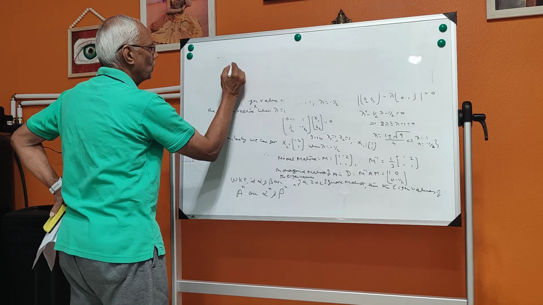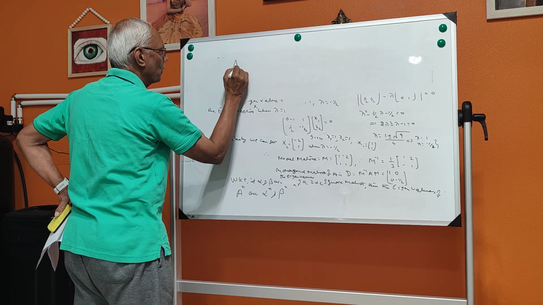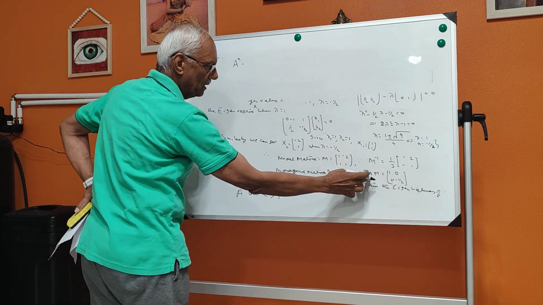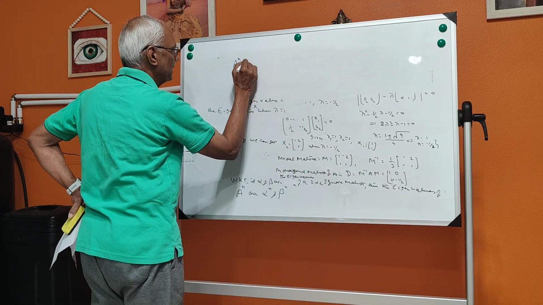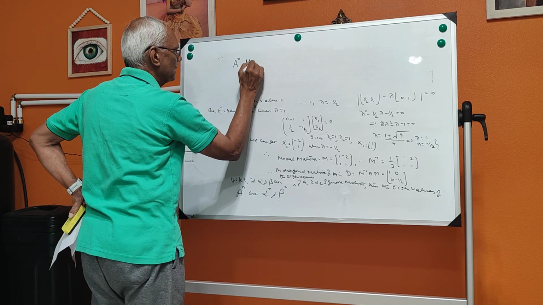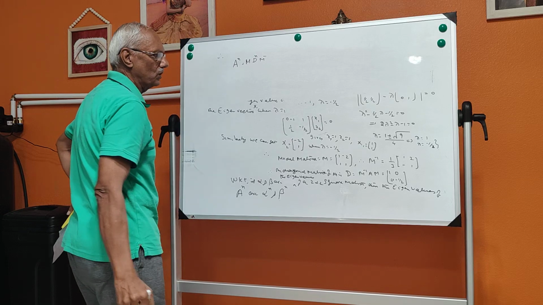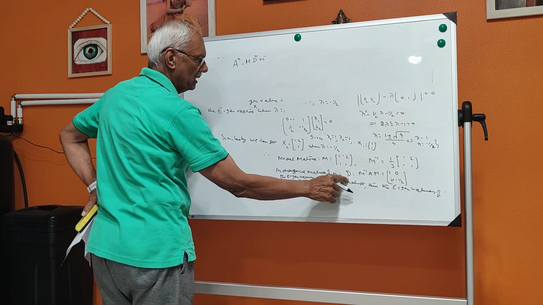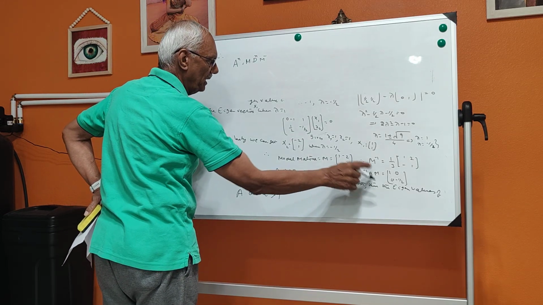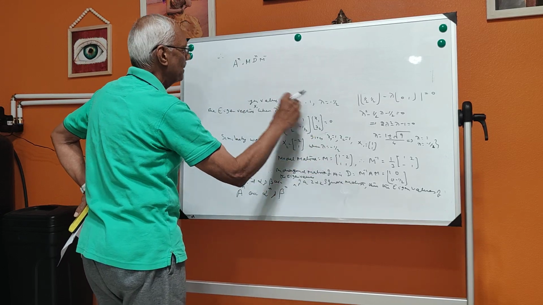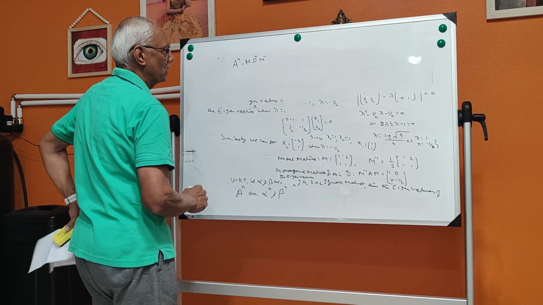Therefore, your A to the power of n will be equal to, here it is M D M inverse, therefore it is M D to the power of n into M inverse. So this is what it is. Here D to the power of n will be equal to your A to the power of n, which is M D to the power of n M inverse.